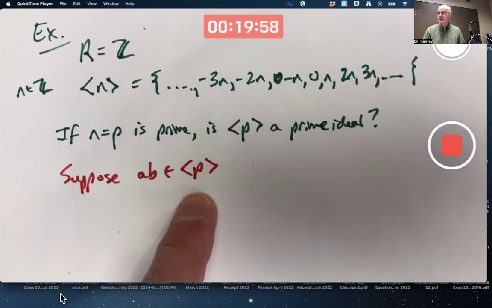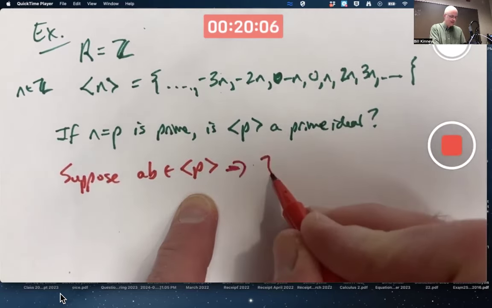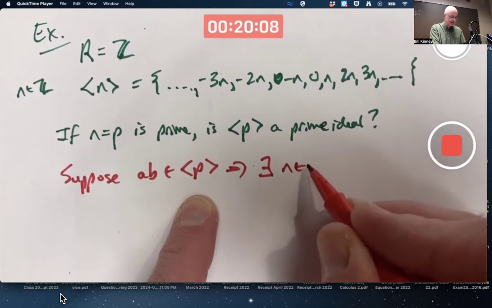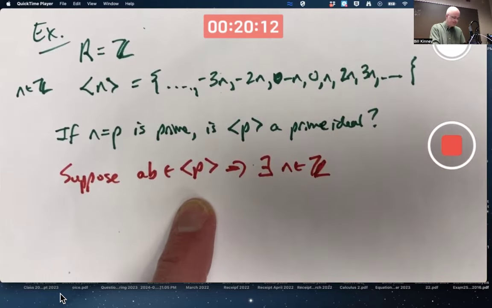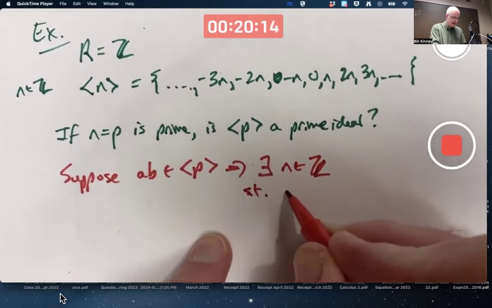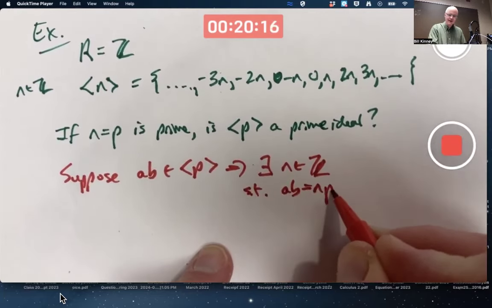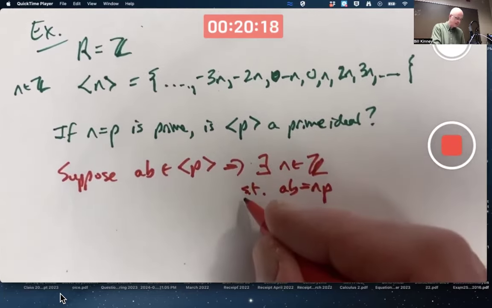What does it mean to be in the principal ideal generated by P? It means you are a ring multiple of P. There exists an integer n in the ring, which is the integers, such that AB equals n times P, right? That's a ring multiple of P.